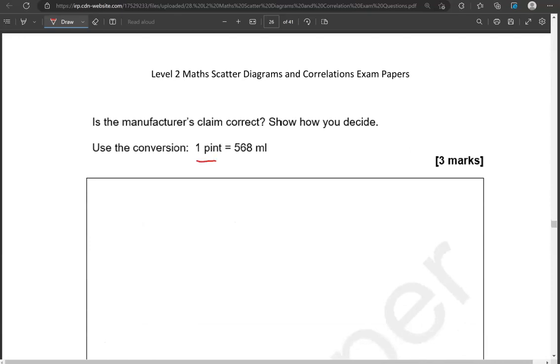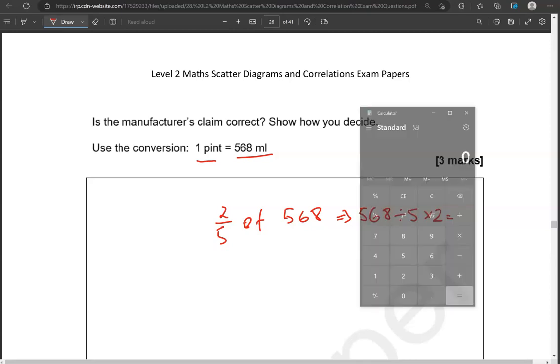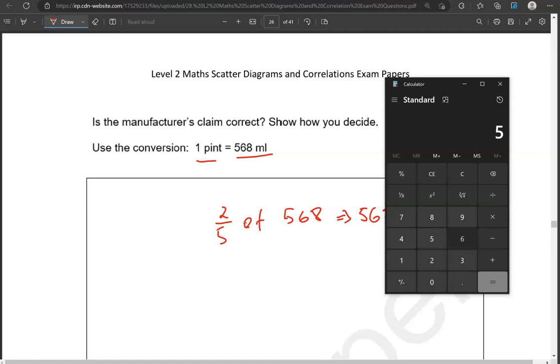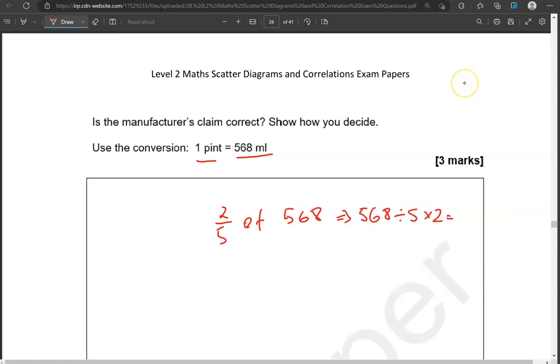One pint is equal to 568 milliliters. So 2/5 of 568. We work it out by doing 568 divided by 5 times 2, which is 227.2.